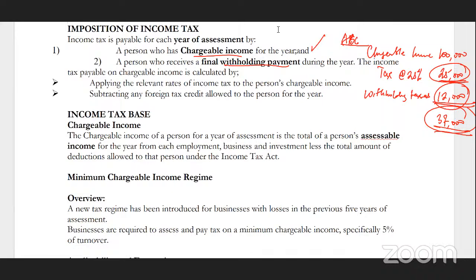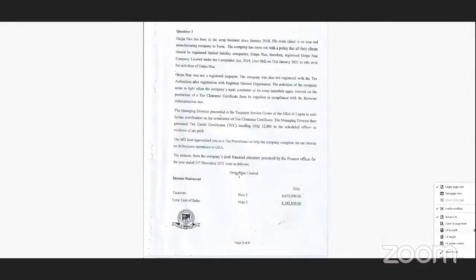Okay. I hope you can see my screen. If you can't see, you just put it in the chat for me, and I'll be ready to answer. Aha, I've seen some. Look, this is a typical question.